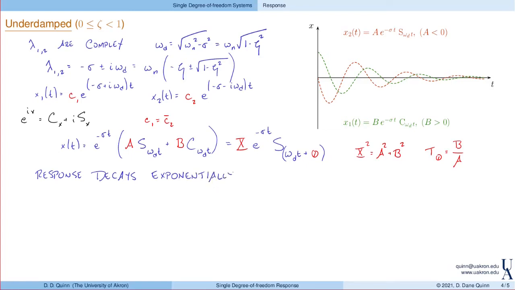So exponential decay, and the rate sigma is zeta omega n. And it oscillates with frequency omega d, which is the damped natural frequency.